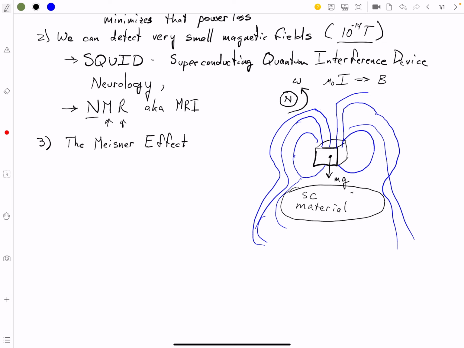Our cold SC material. So that guy will levitate. This is the Meissner effect.